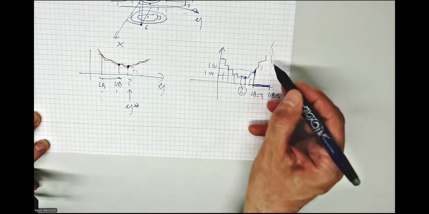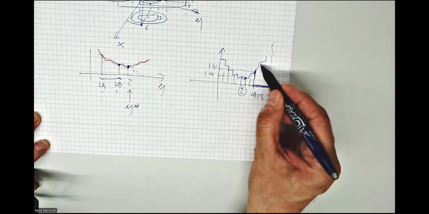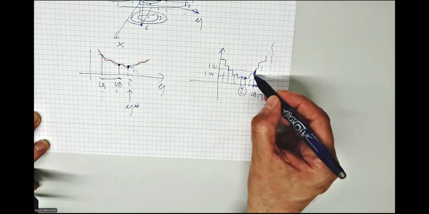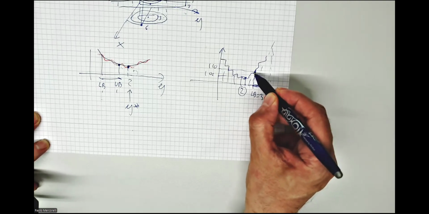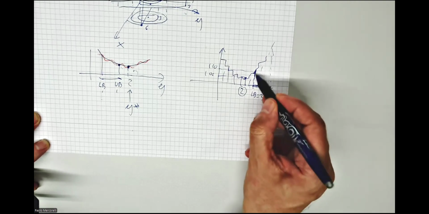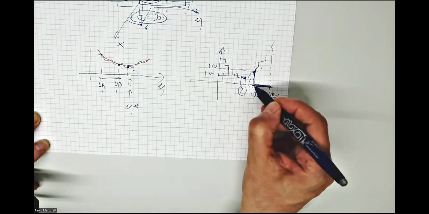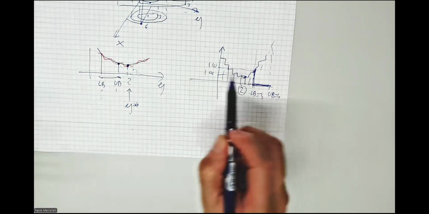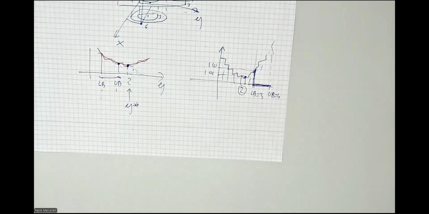This means I have to look for the minimum here inside, but the PSO is so clever that it says, please pay attention. You have to crash again your wall, which is here, because I see that the minimum, I don't know where, but it's outside of this room, in which I told you, please look here.